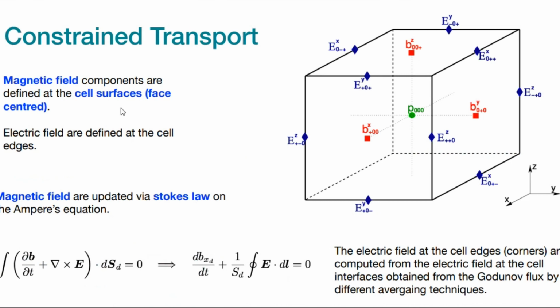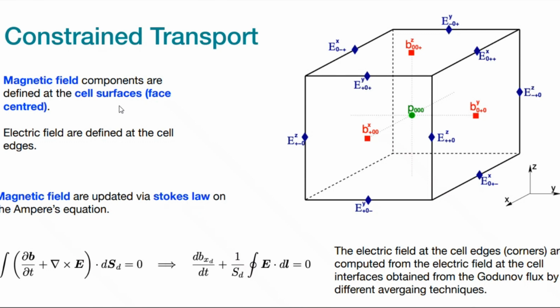The last way is called constrained transport. So in this, so far what you've just learned about the numerics of finite volume, we all talked about things existing with volume averages painted onto the cell centers. Now, this scheme actually shifts the magnetic field to the faces.